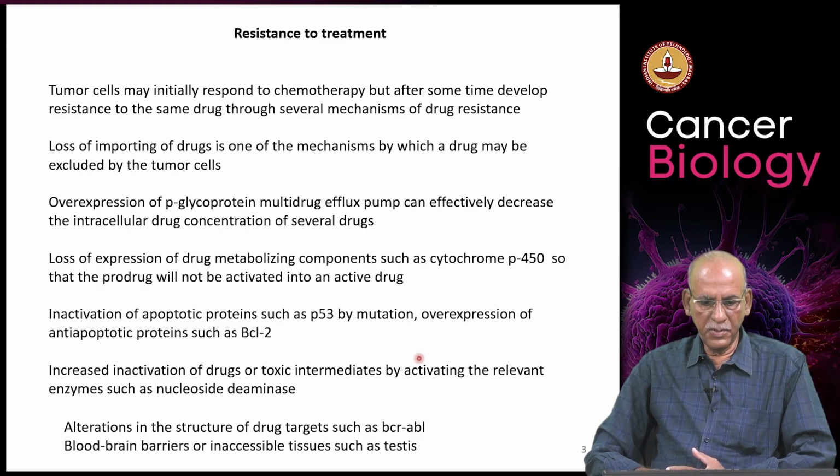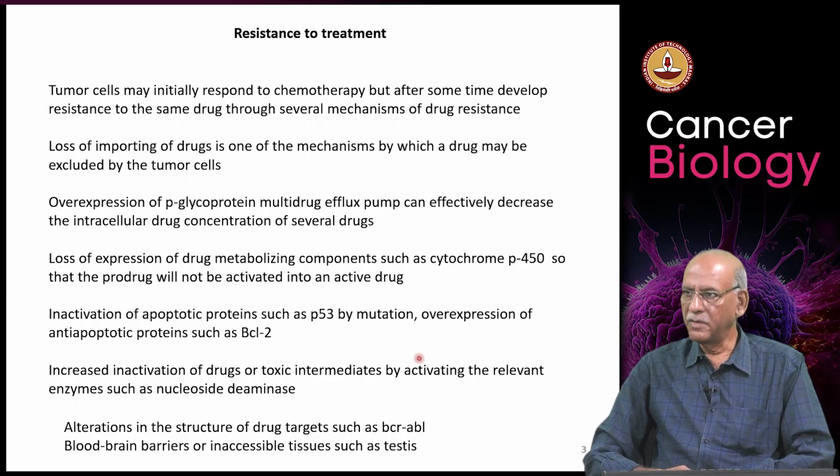Inactivation of apoptotic proteins such as P53 by mutation, or overexpression of anti-apoptotic proteins such as BCL2, will also happen. Actually both may happen in one patient: inactivation of the pro-apoptotic genes as well as overexpression of the anti-apoptotic proteins.